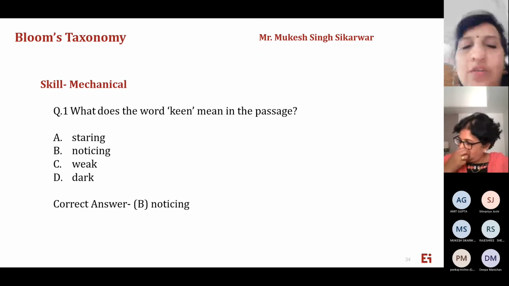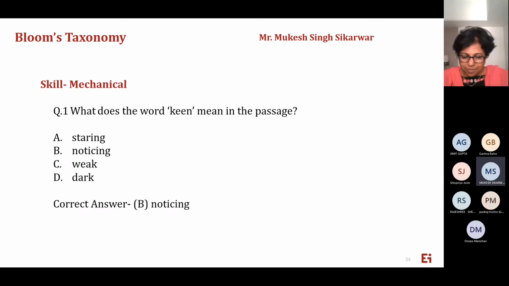May I have some words? Sure, Amitji, please go ahead. After listening to the opinion of Hare Ram sir, Mukesh sir, and all of you, I am also changing my opinion. After a lot of discussion, previously Bindu ma'am and Pankaj sir guided us that options can change the level or skill of the question. So reading the options, I would go for mechanical only.